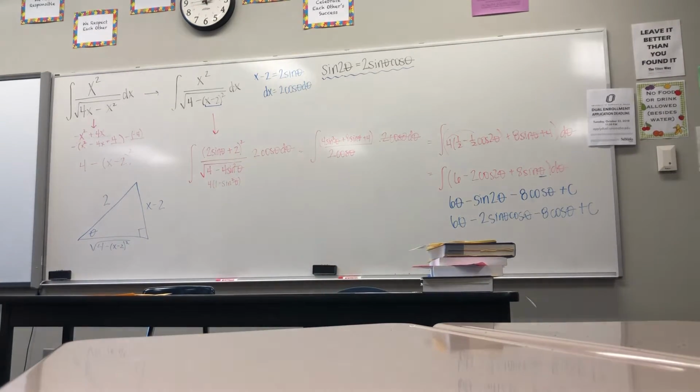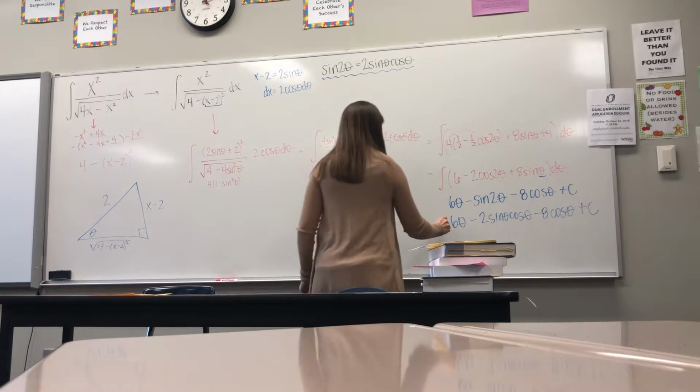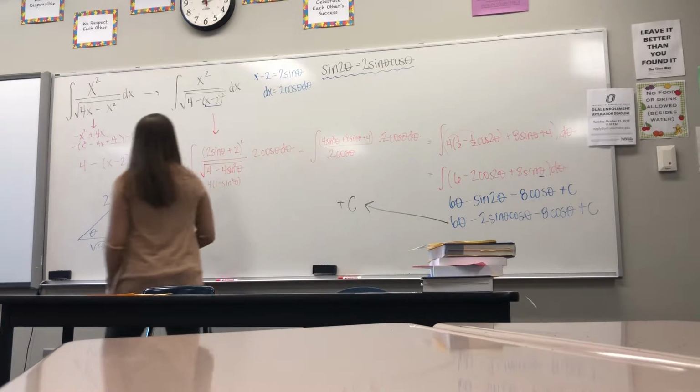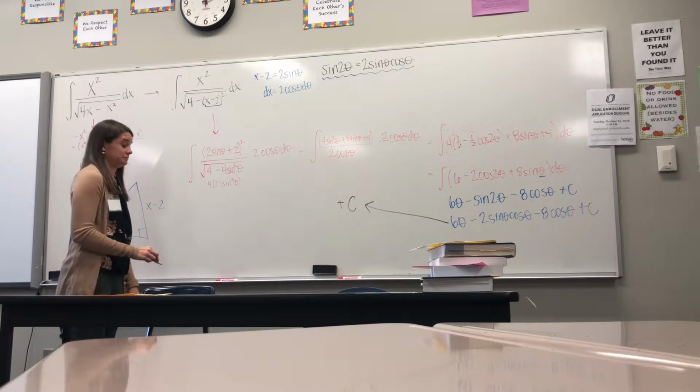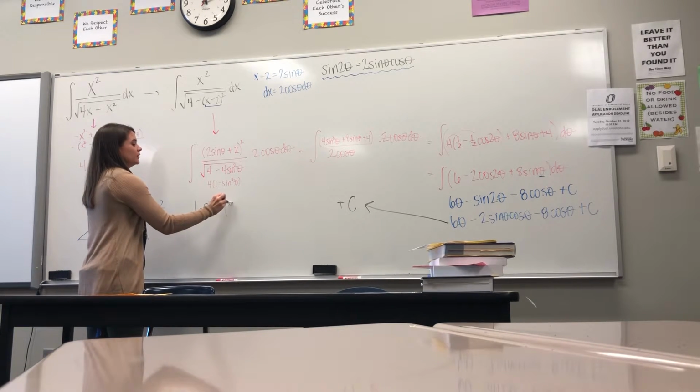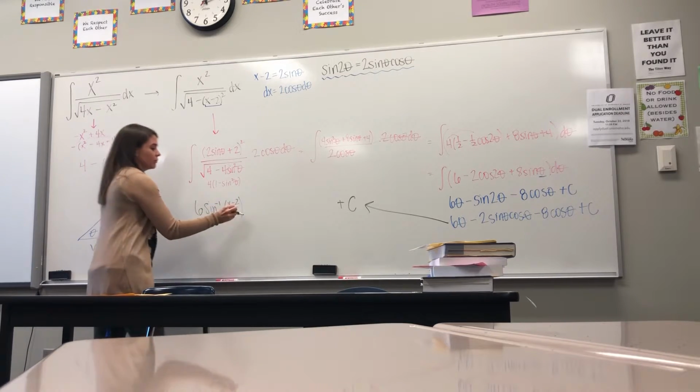And now, since we started with an integral in terms of x, we need to go back to an answer that has an x in it. So here we go. 6 theta. 6 inverse sine of (x minus 2) over 2.